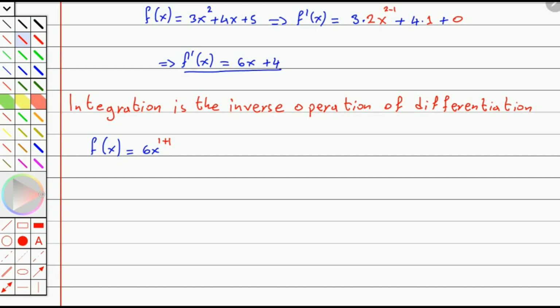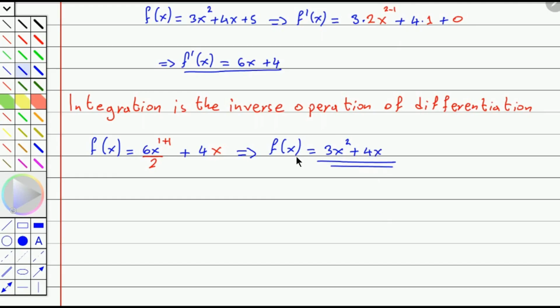And then we are going to divide with the new exponent, so the inverse that we have done here, divided by 2. And then plus 4 times the derivative of 1 is x. So we are going to replace 1 by x. And so we have that f of x is 3x squared plus 4x.